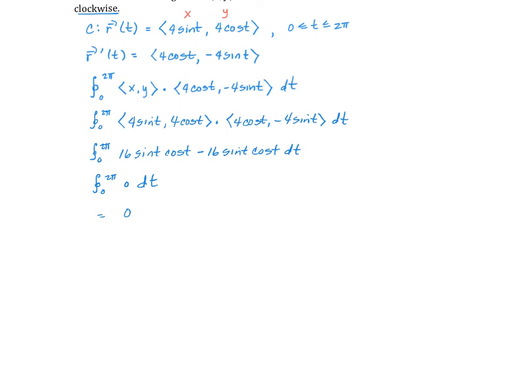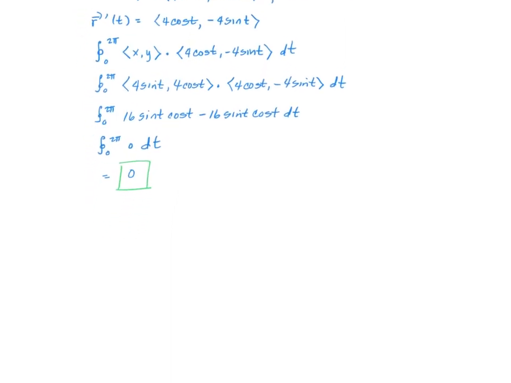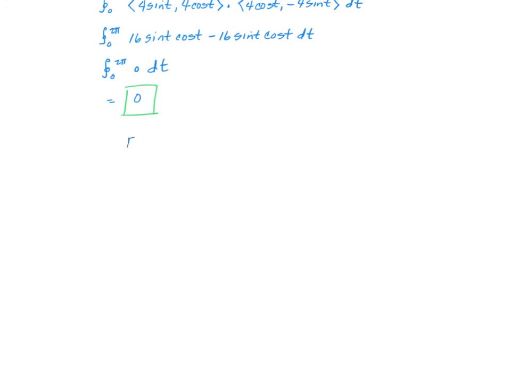So I computed this line integral, I got 0, which is great. What does that mean? Well, what that means by this theorem is that my vector field F is conservative.